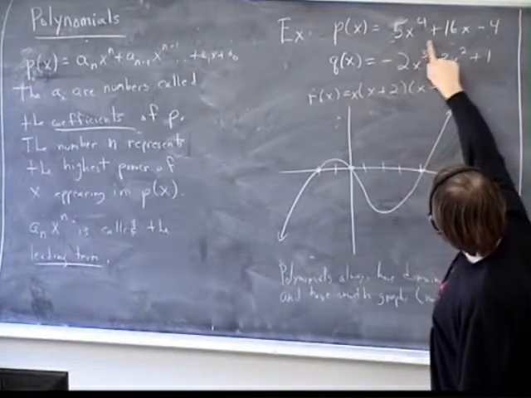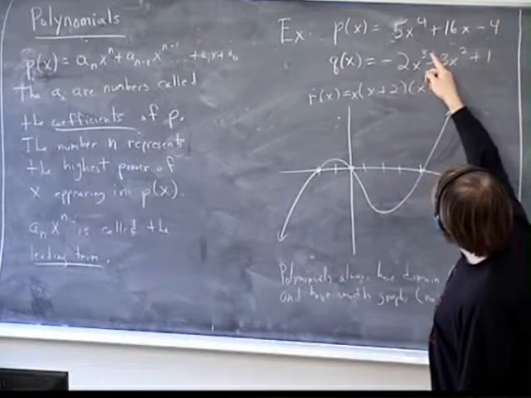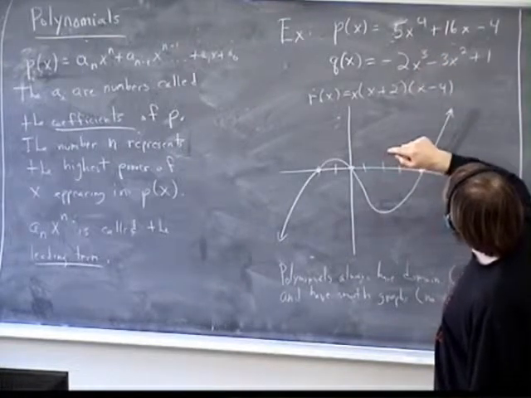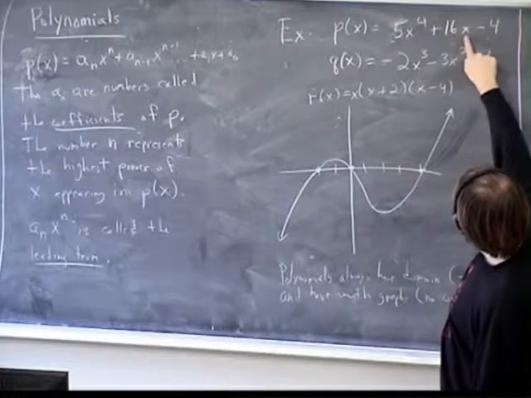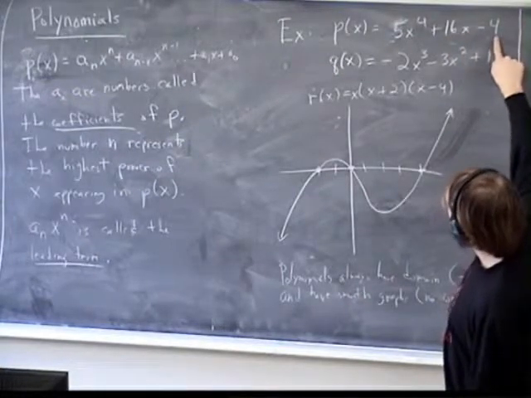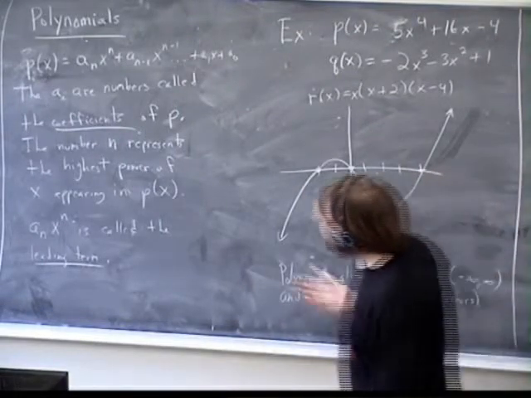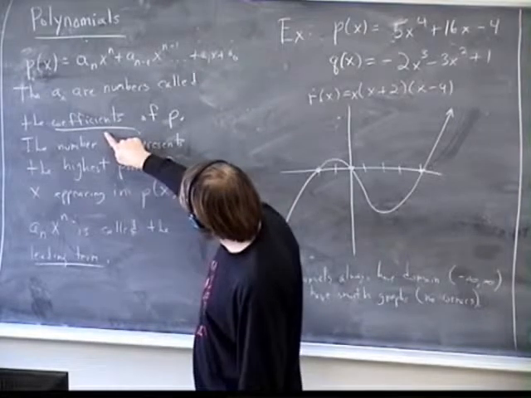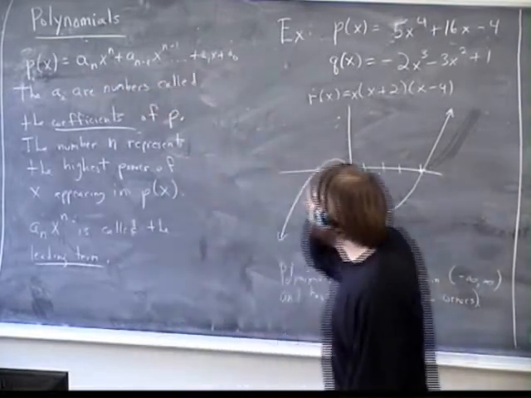Now x cubed and x squared don't appear here, so those coefficients would both be 0. 16 is the coefficient attached to x, minus 4 is the coefficient attached to x to the 0 power, which is just 1. So here, remember that coefficients are the numbers that are in front of the powers of x.